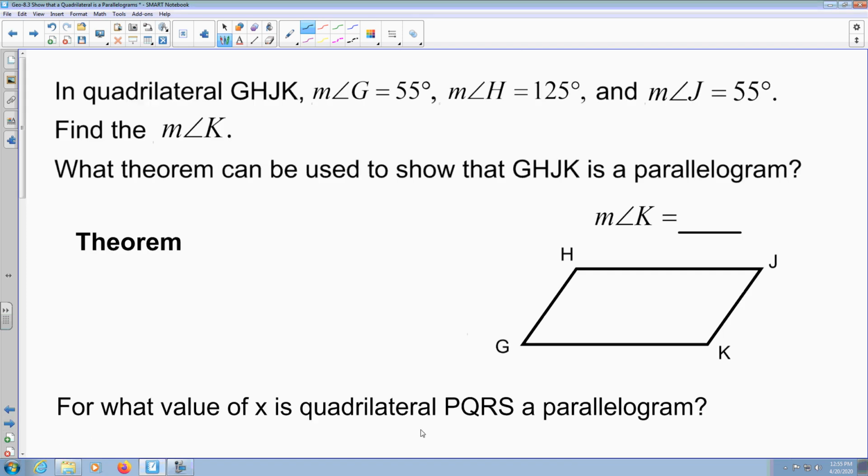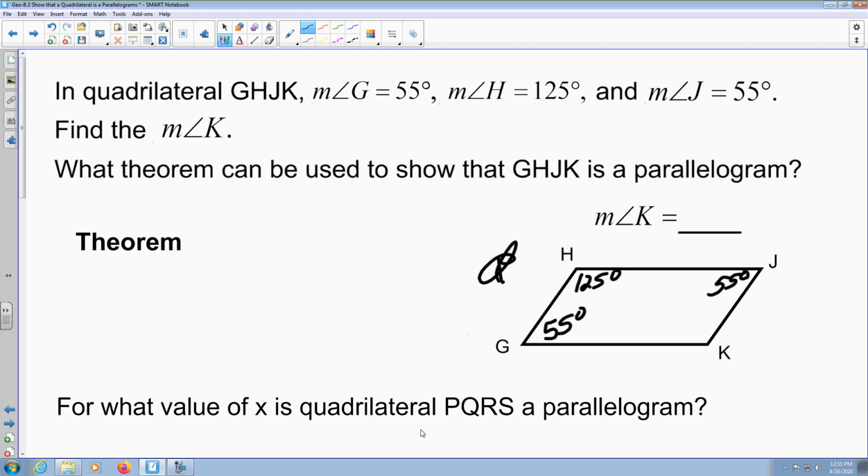Being able to apply these different theorems, they're going to ask you a series of questions similar to this. It says in quadrilateral GHJK, which is located right here, the measure of G is 55 degrees. I'm just going to write that in. It says H is 125, and J is 55.